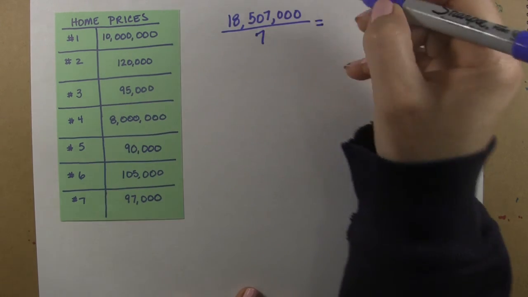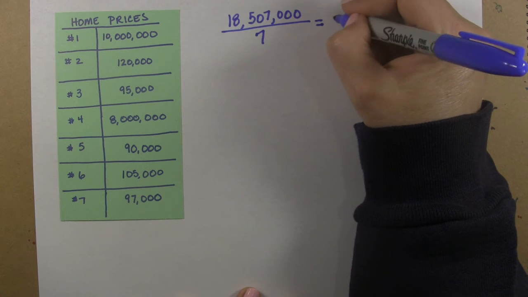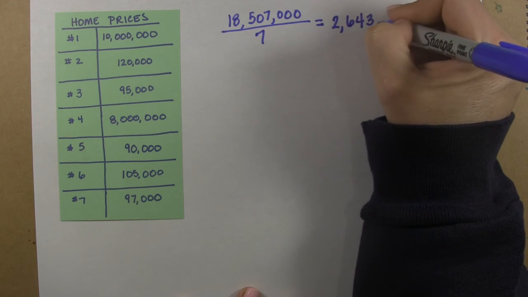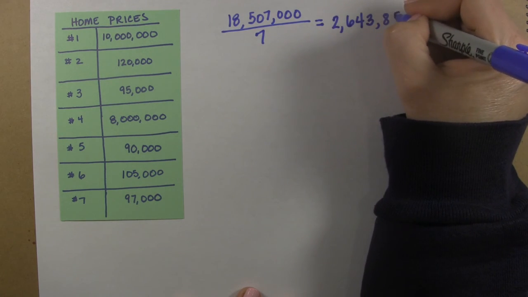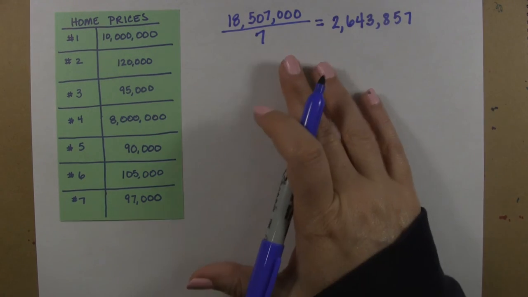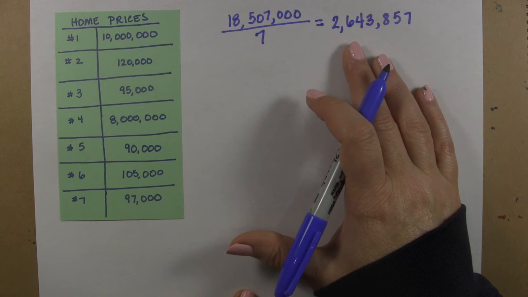And there are 7 houses there, so that means that the average is $2,643,857 and some change. So you could say, move into this neighborhood. Average prices are $2.6 million.